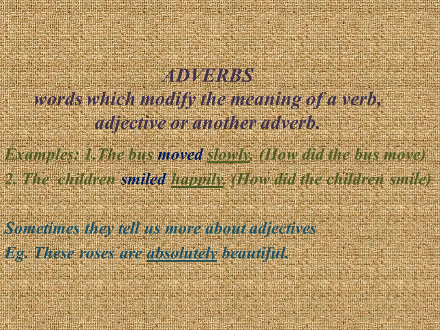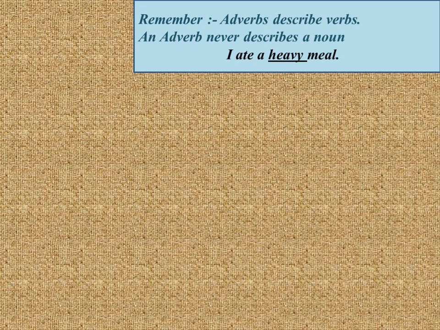So now let's move on. Remember, adverbs describe verbs. An adverb never describes a noun. For example, I ate a heavy meal. Here, the word heavy describes the noun meal.